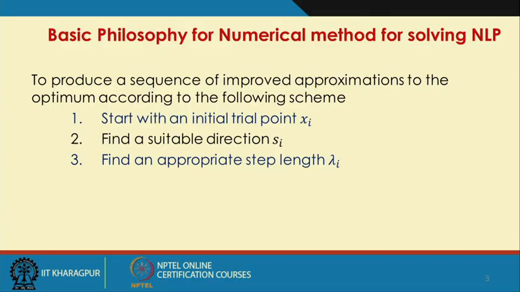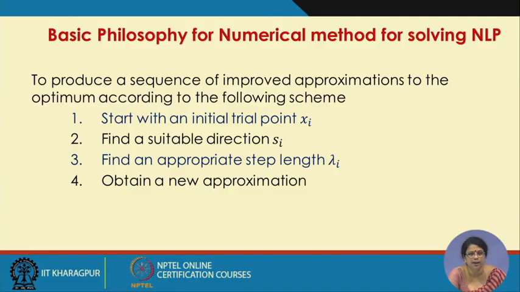Next we find the appropriate step length, which means we optimize the function, taking it as a function of step length, and we get the optimum step length from there. Then we get a new guess point and we repeat the process as long as the function converges.